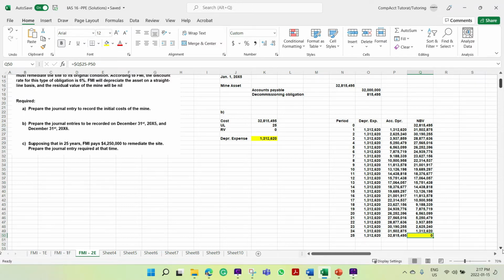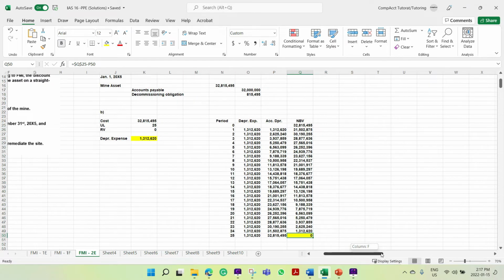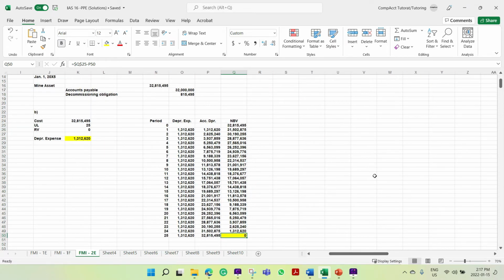So every year there's going to be a depreciation entry. And then what I need to do as well now is I got to take care of that interest charge. Okay, if you remember, there's an interest charge that we need to accrue so we can build up the present value to its future value. Okay, so again, I'm going to use a table here, and the inputs are going to be similar, so I got a period again. Okay, I got the interest expense.